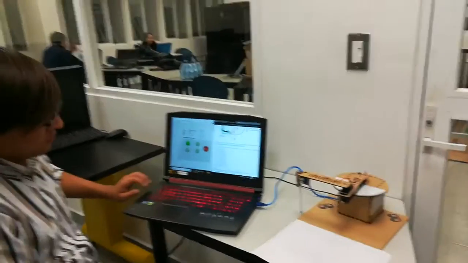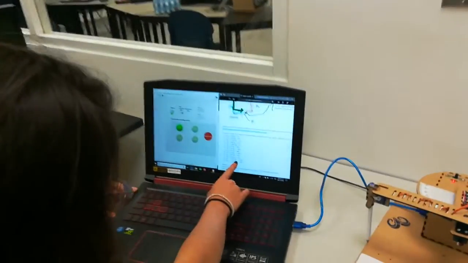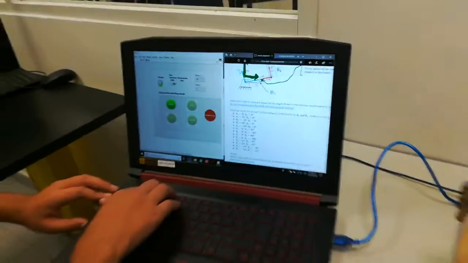Well, the next one could be theta 1, 22 and theta 2, 23.